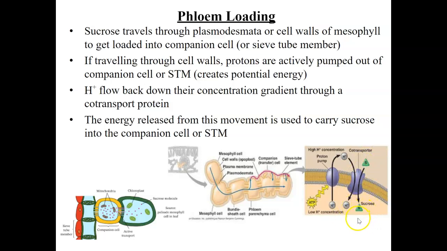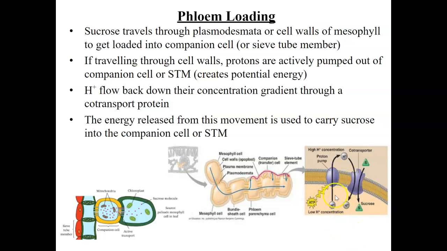So sucrose here has now been loaded. So that's important. We've now loaded our sucrose, but this time we had to use the co-transporter and we had to actively load it in because it was stuck in the cell walls and we needed to get it into the actual cell itself.